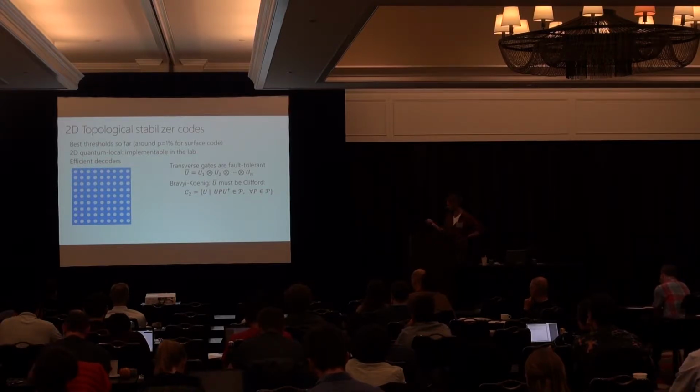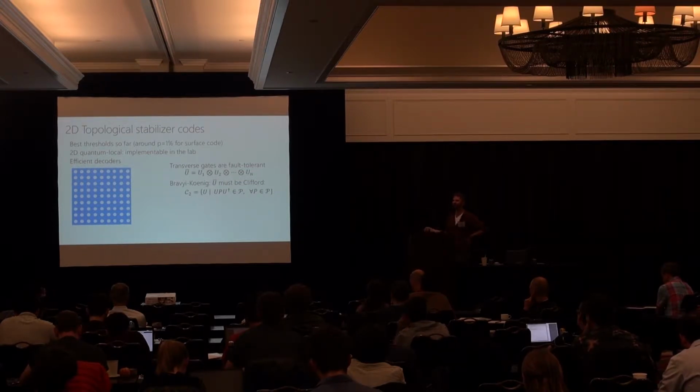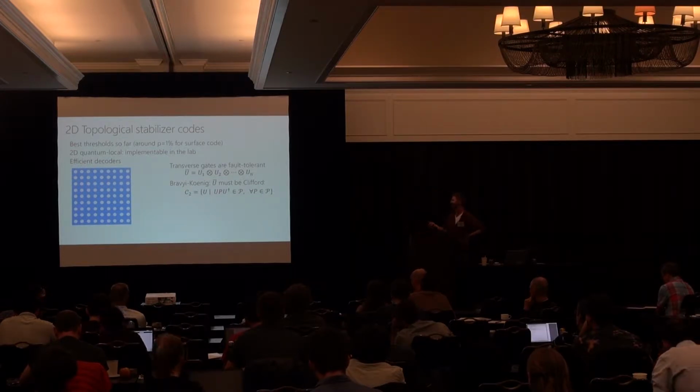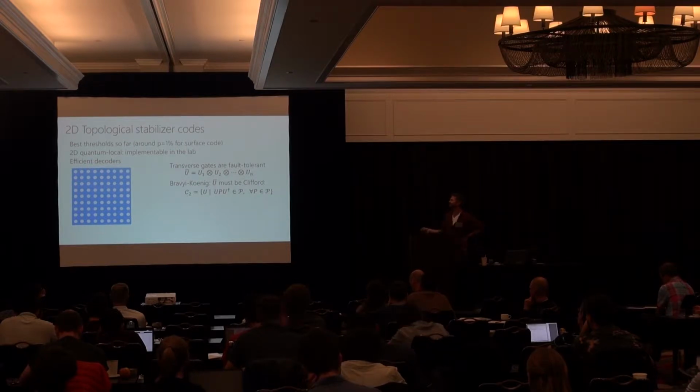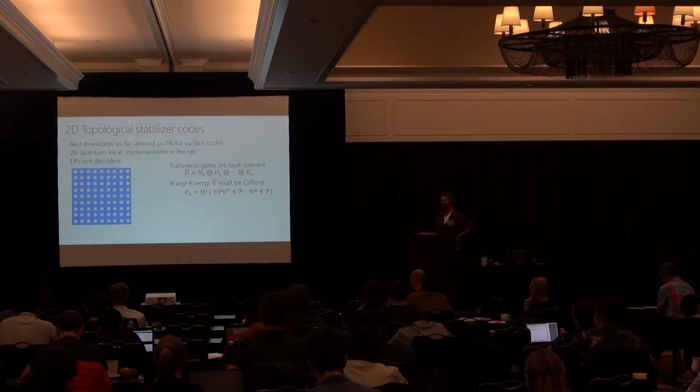In particular, as was shown by Bravyi and König, they have to actually be Clifford gates. You can think of this as a refinement of the Eastin-Knill theorem to the particular case of 2D topological stabilizer codes. I think it's a beautiful argument, and I just want to illustrate roughly how it works so we have some intuition for it.